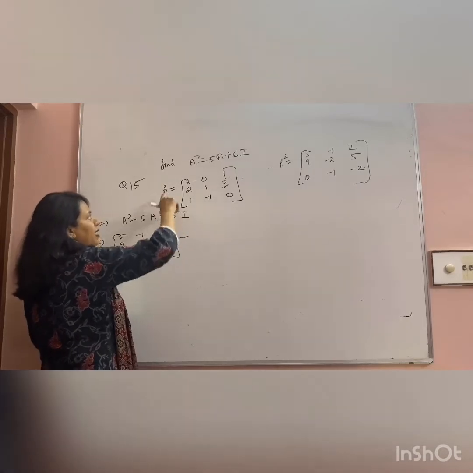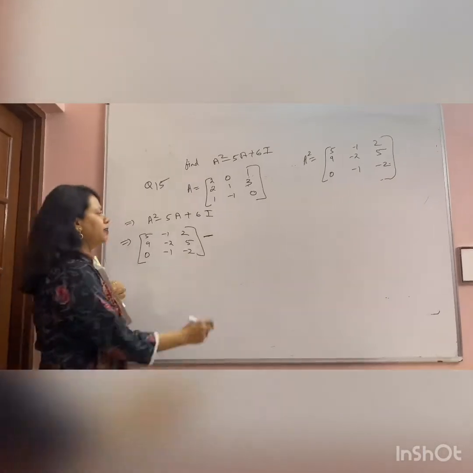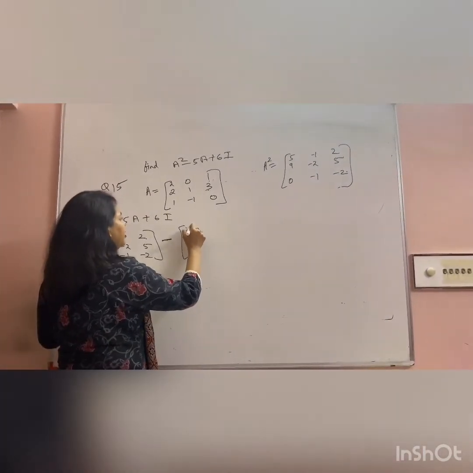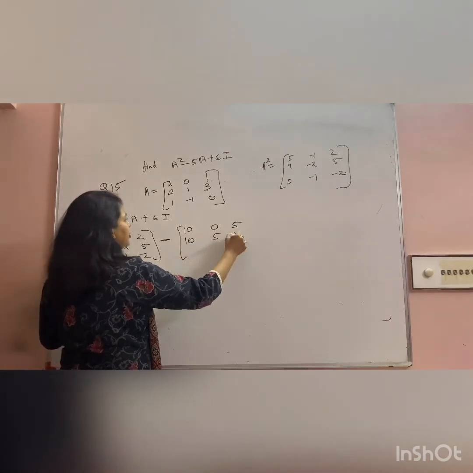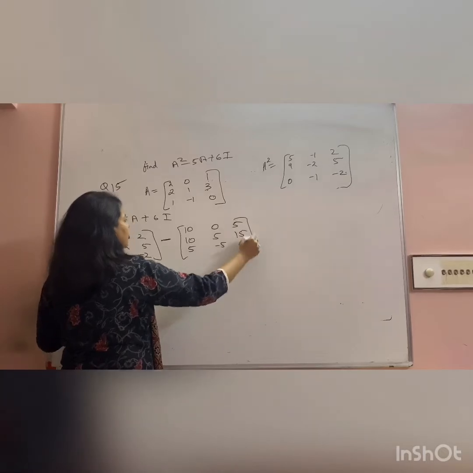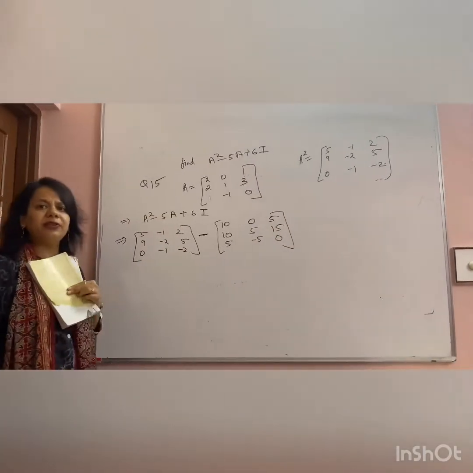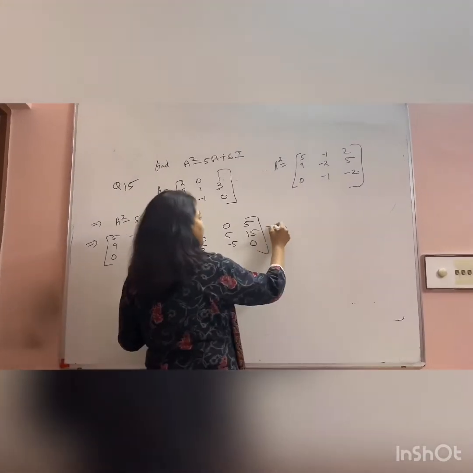Minus 5A. That means this A matrix gets multiplied with 5. So this would become [10, 0, 5; 10, 5, 15; 5, minus 5, 0]. The full matrix gets multiplied with the element 5. That is scalar multiplication.